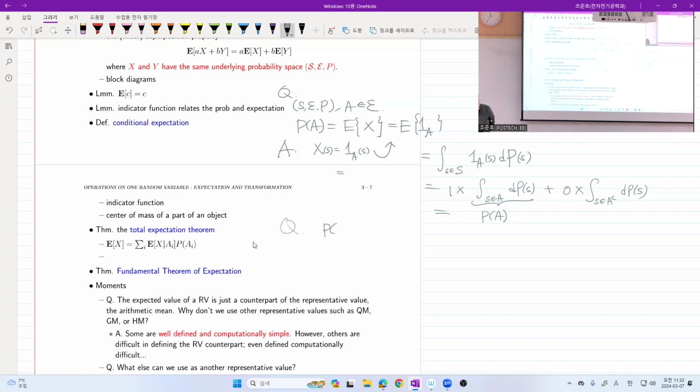What is the probability of A union B union C in terms of the probability of A, probability of B, probability of C, probability of A intersection B, B intersection C, C intersection A, and A intersection B intersection C, something like that? How did you find this one? Of course, you use the Venn diagram, right?